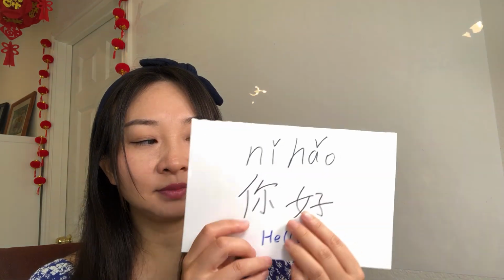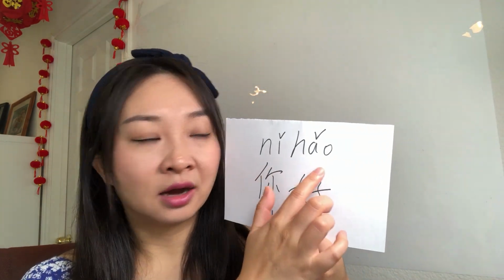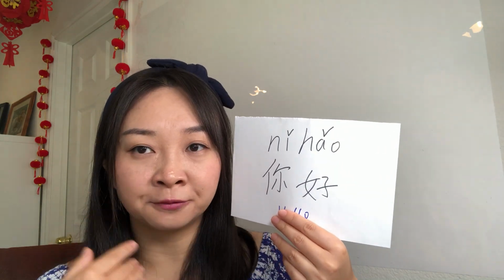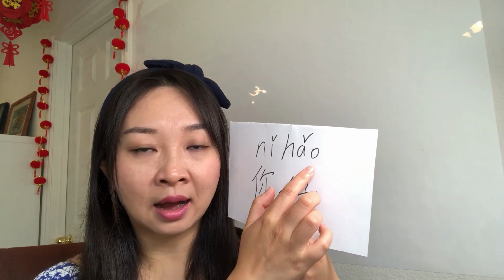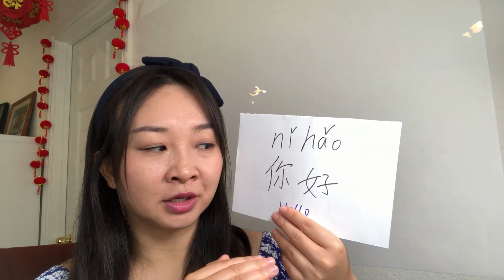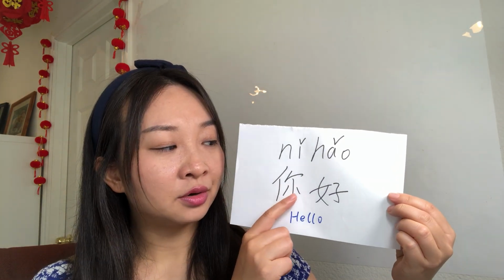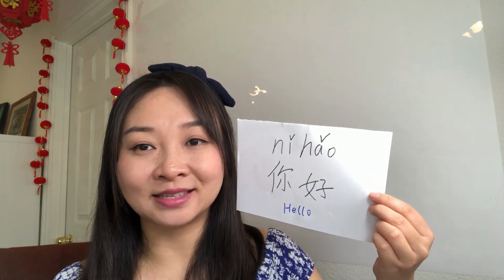Next one, we say 你好, 你好. Okay, so you can see I didn't pronounce the full third tone. 你好, low voice range, right? 你好 means hello. 你好, you good. 你 means you. 好 means good. You good means hope you are good. Means hello, right?